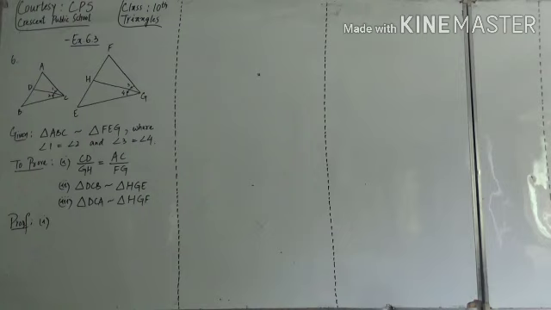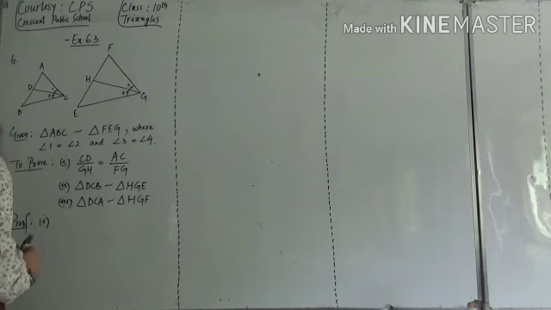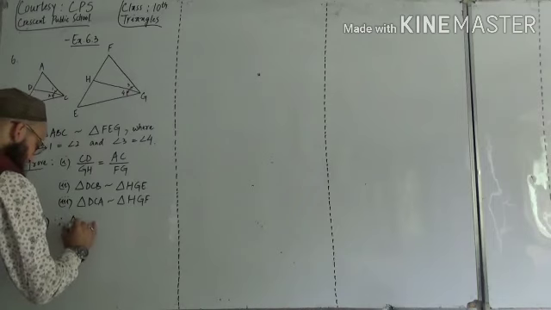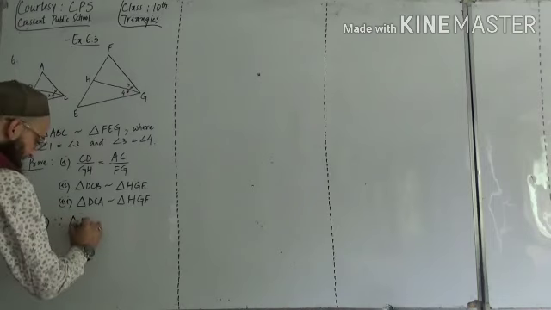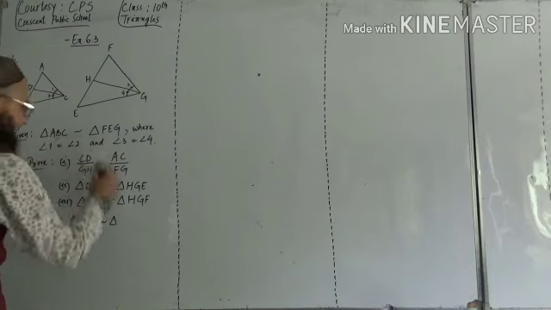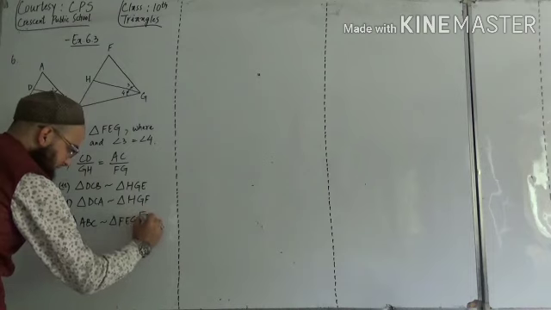First of all, I'll write one thing. Let us use this one. Since triangle ABC is similar to triangle FEG, this is given.